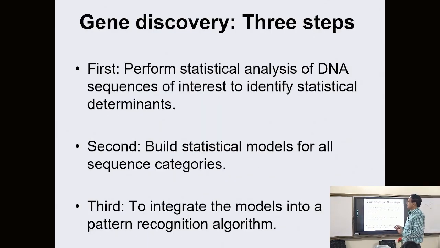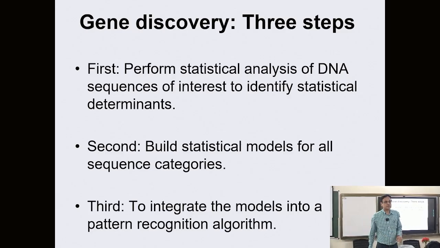So here are the three steps in identification of genes. The first step is to find statistical features that can discriminate between genes and non-coding sequences.